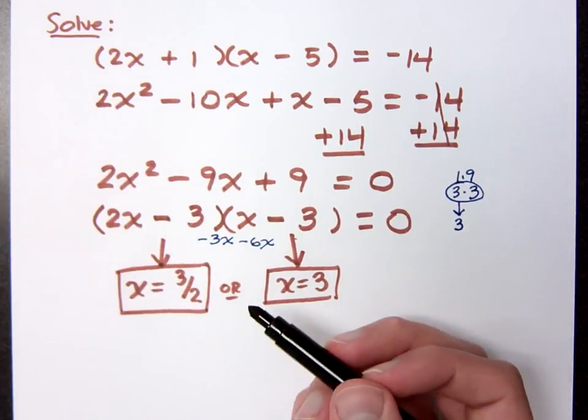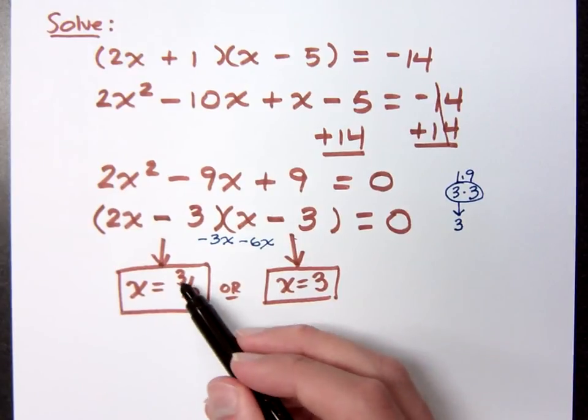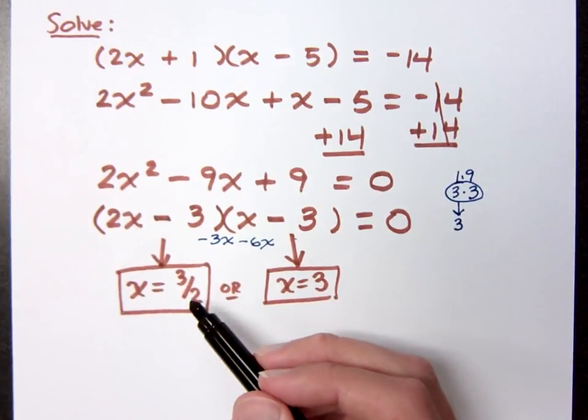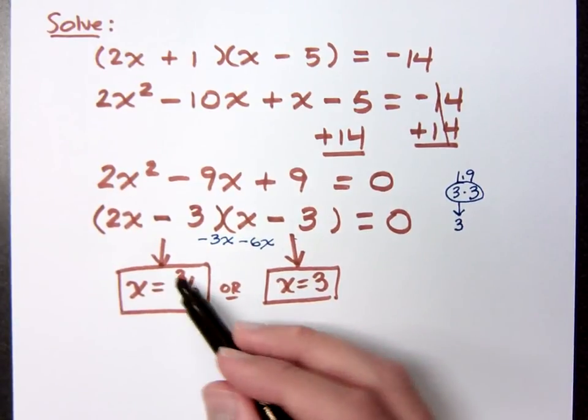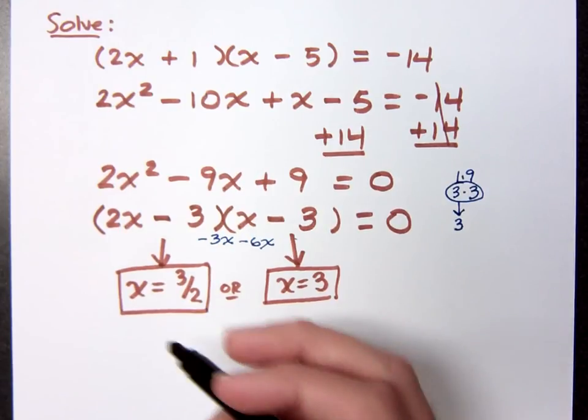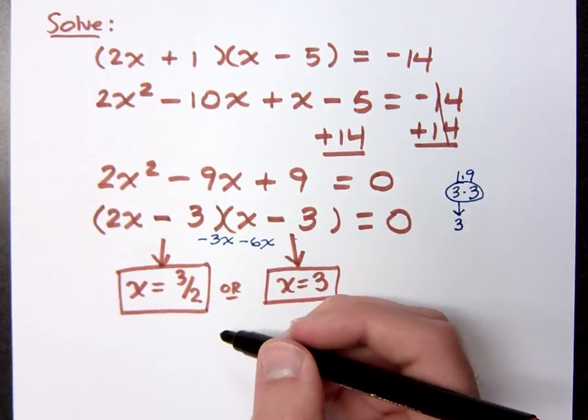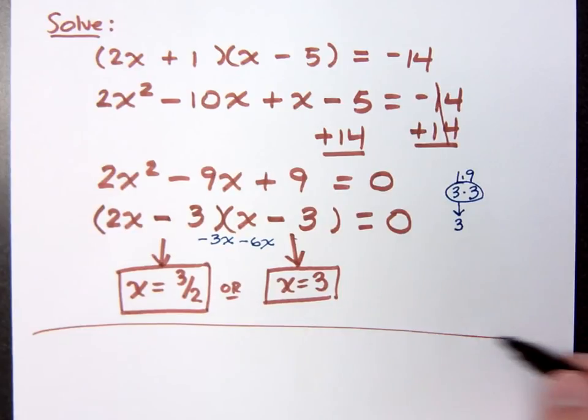Since the 3/2 is not written as a coefficient of x or anything else like that, I can write it this way and I'll be okay. However, if it's showing up as a coefficient for a variable, you better make sure you do it the right way.